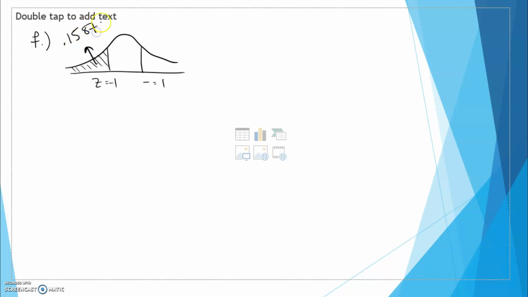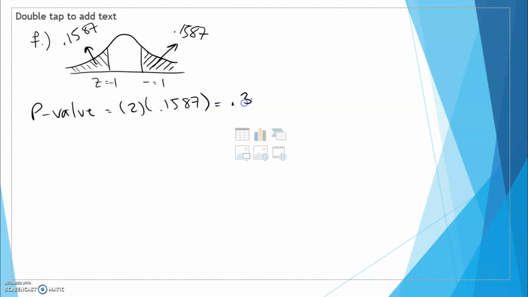This area over here would also be 0.1587, since your normal distribution is symmetrical. We could add those two numbers, or just multiply that number times 2. Either way, that gives you your p-value, which is equal to 0.3174. Okay, there's our p-value.